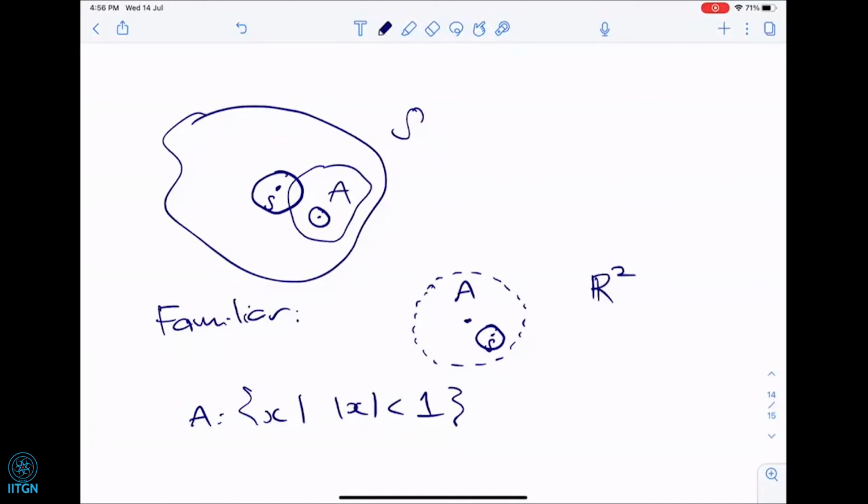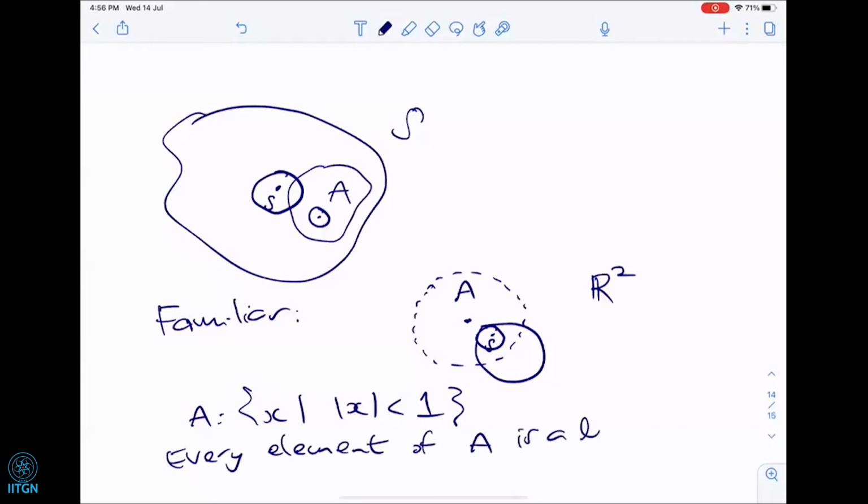Does the rest of that open set intersect with A? Yes, in fact, it can lie fully in A, it can lie partly outside A, but it certainly intersects with A. I can never find an open set which contains S and which doesn't intersect with A. So every element of A is already a limit point of A.